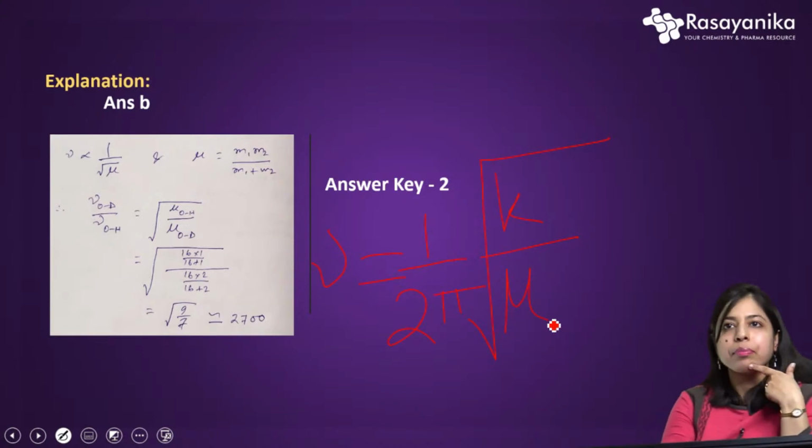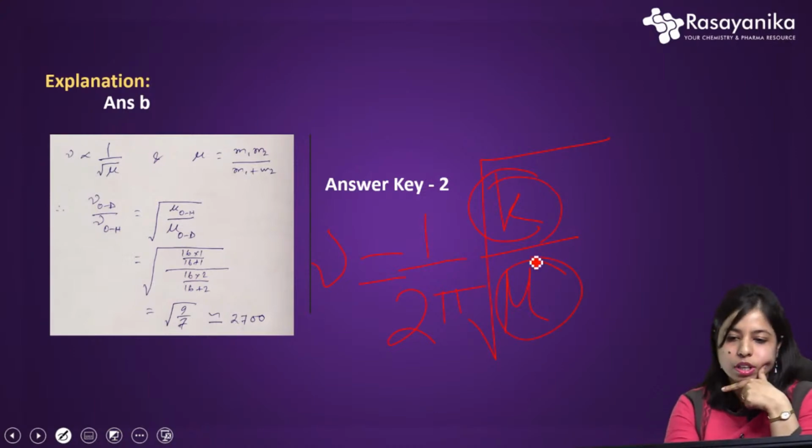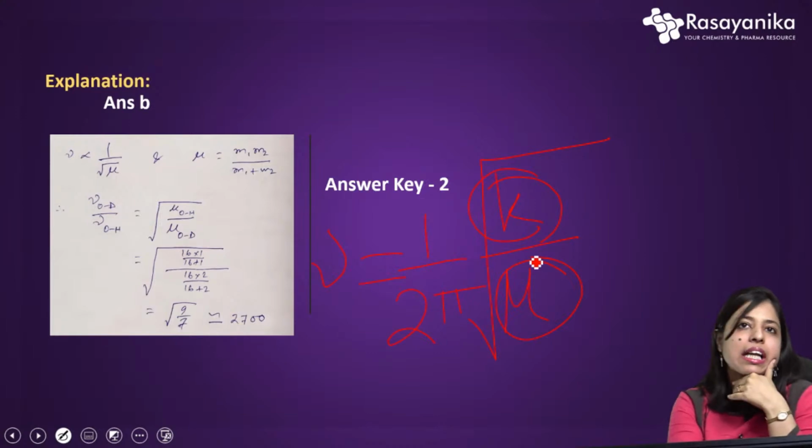So what is k? k is the force constant, and mu is the reduced mass. This equation we all know from our basic 11-12 standard.